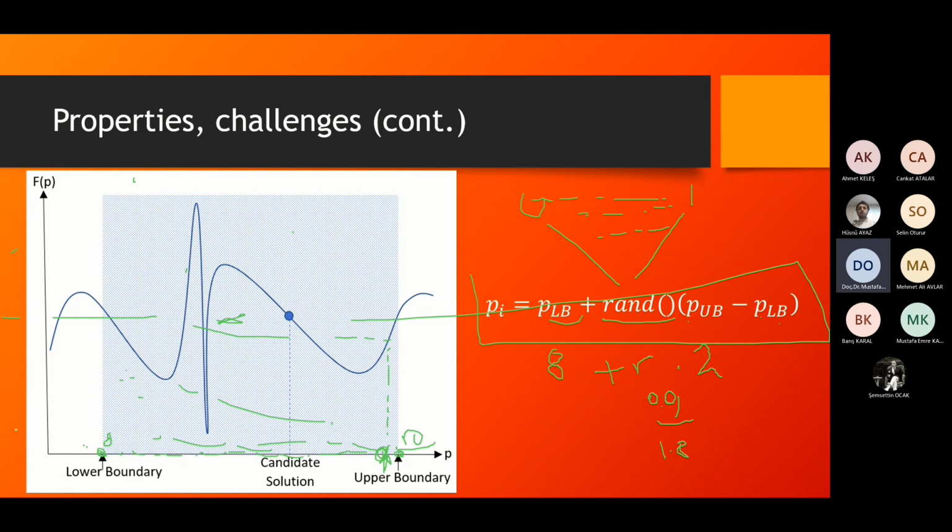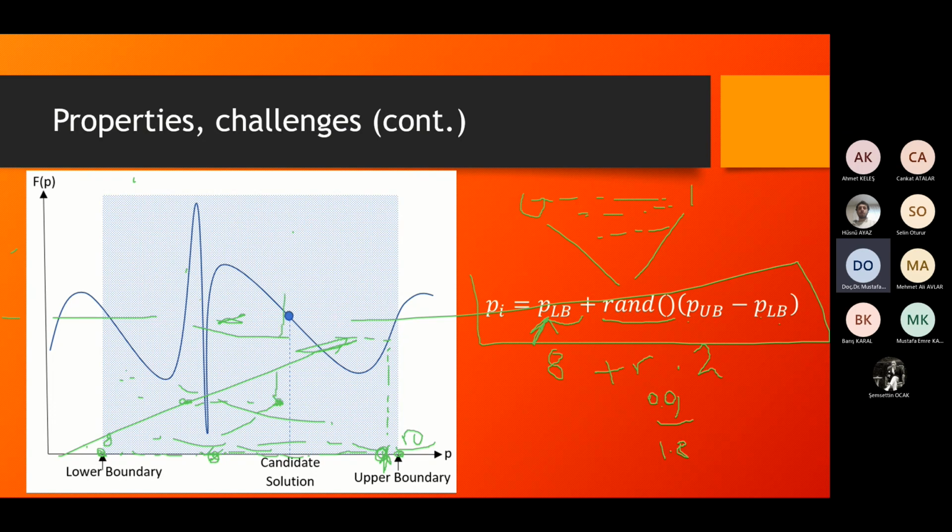If the problem was two-dimensional, what will happen? I will be applying this function to each dimension. I randomly produce a solution for the p dimension. Let's say the other one is called k, and randomly I will produce a k value. So the coordinates will be p and k, and that will be our solution.